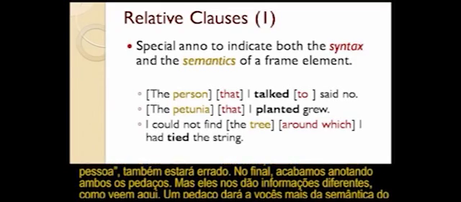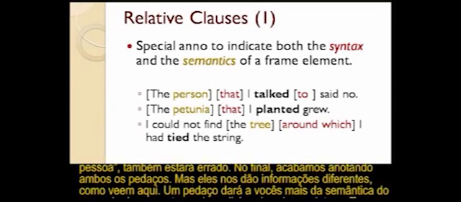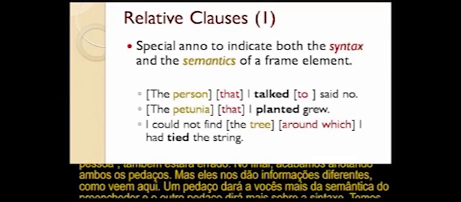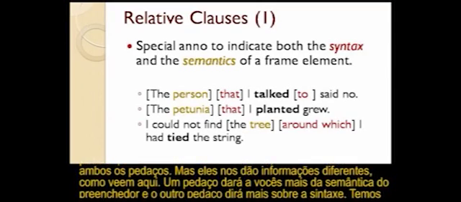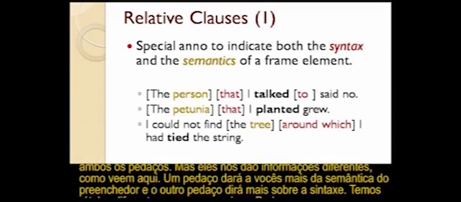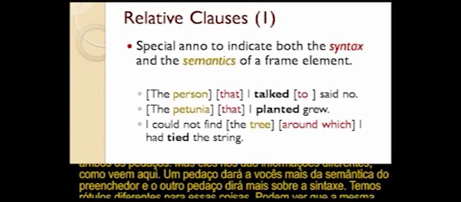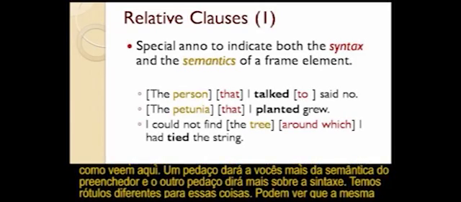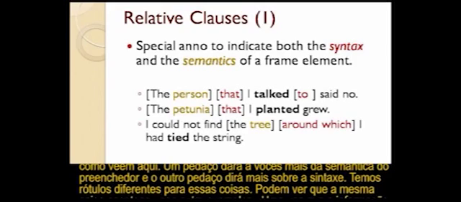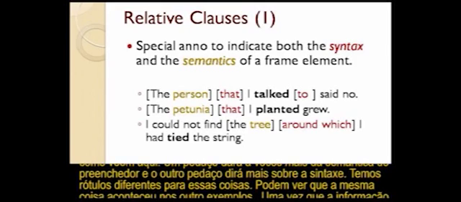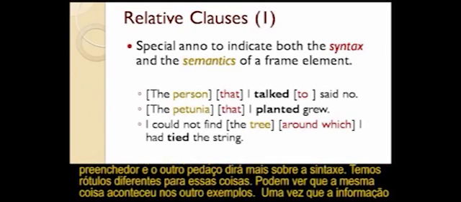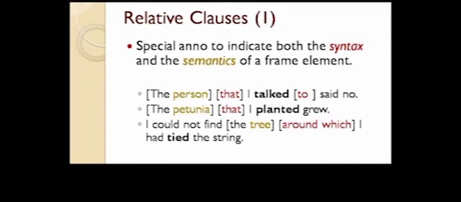So in the end, we need to annotate both pieces. But they give different information, as you see here. One piece gives you more of the semantics of the filler, and one piece gives you more of the syntax. So we have different labels for these things, and you can see the same thing happens in the other examples.